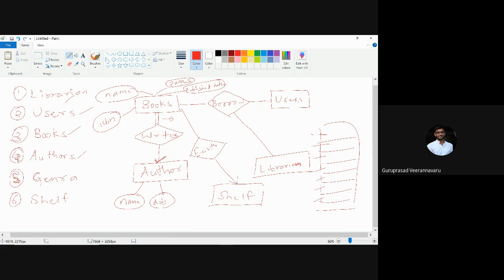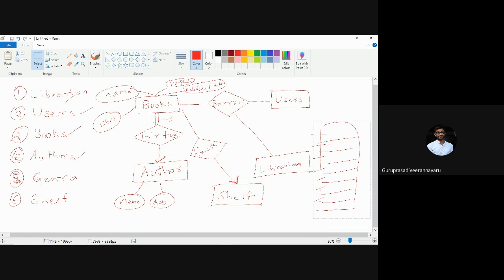I'll say this. Without shelf, book cannot exist. Not necessary. A book can be borrowed, right? So if it is borrowed, it will not be there on the shelf.